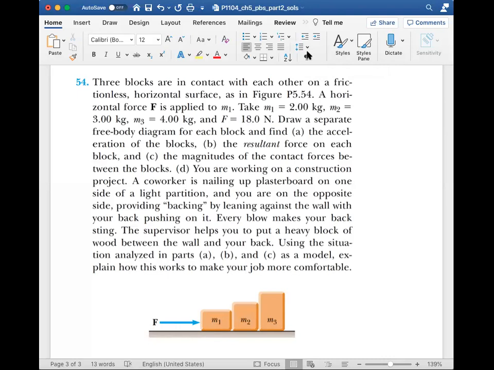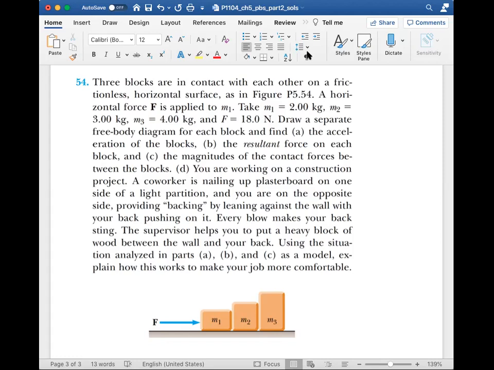If you take M1 equal to 2, M2 equal to 3, and M3 equal to 4 kilograms, and F equal to 18 Newton, we have to draw a separate free body diagram for each block, and find the acceleration of the blocks, the resultant force on each block, and the magnitudes of the contact forces between the blocks.